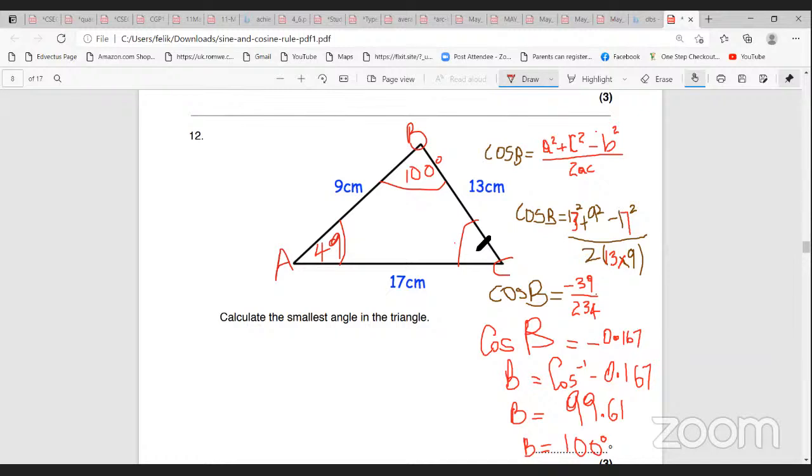We're not going to use the sine. We don't need to use any sine rule. What's the total angle in a triangle? What do they add up to? 180. Right. So one is 100, one is 49. What's the other one? 51?